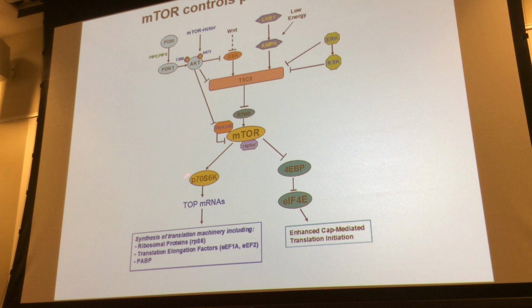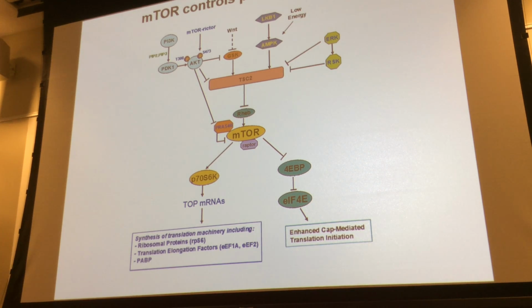Now, when it phosphorylates P70 S6 kinase, it's going to boost and activate its activity. So this leads to all this translation. Now, when it phosphorylates 4E-BP, it's actually going to inhibit the activity of 4E-BP. But in the end, it's going to boost translation. Why? Because 4E-BP itself is a binding protein for eIF4E, which inhibits 4E from participating in the translation.